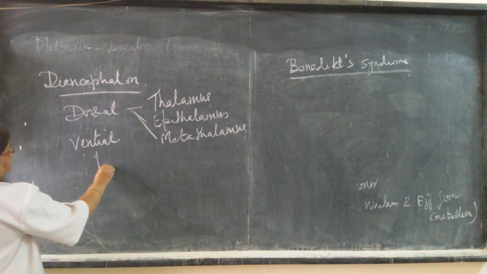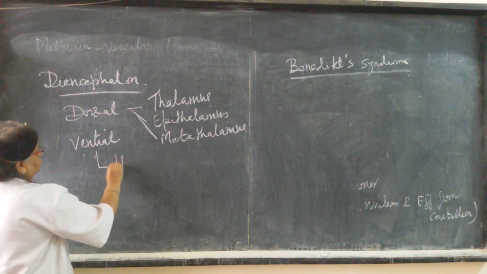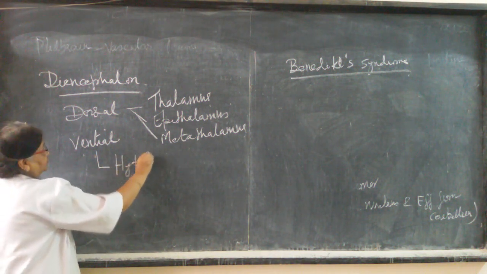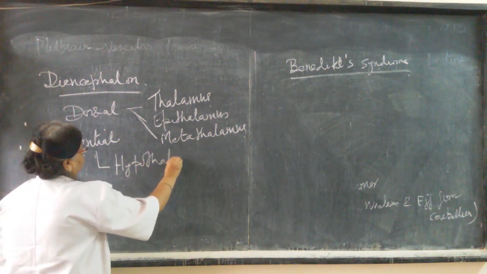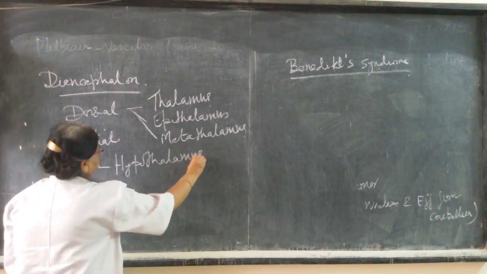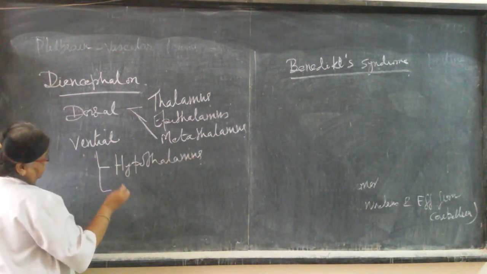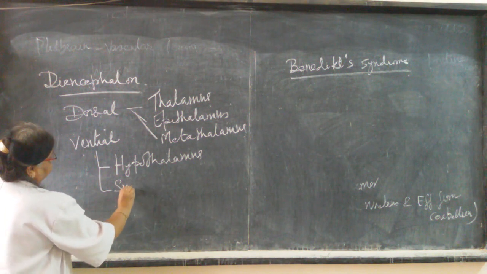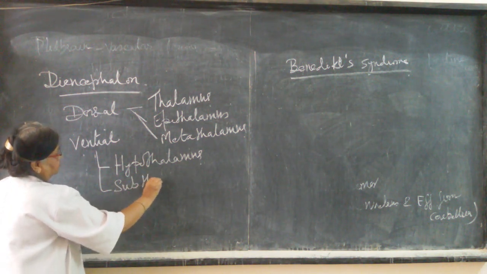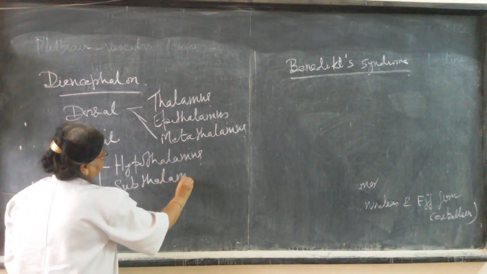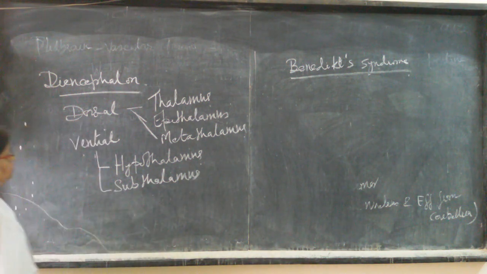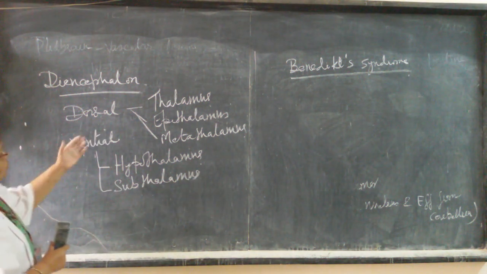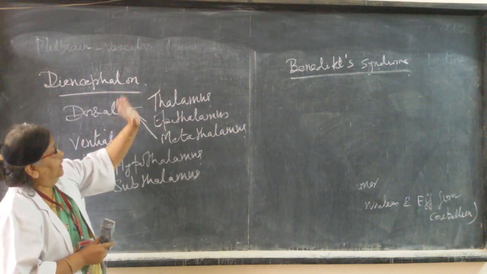Ventral part: hypothalamus and subthalamus. Metathalamus is nowadays said to be part of the thalamus.